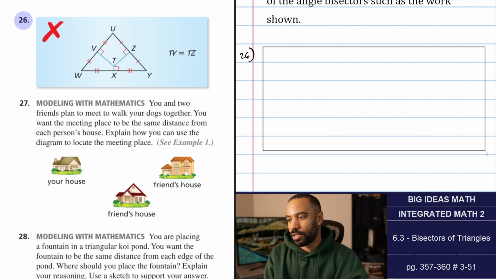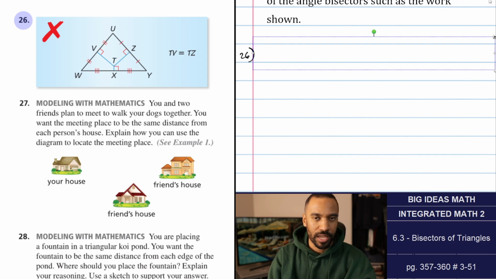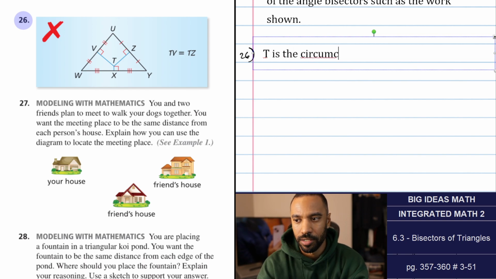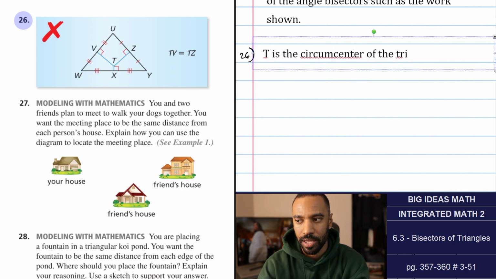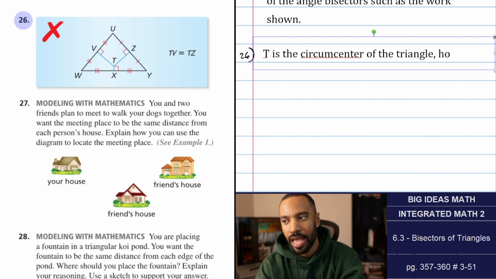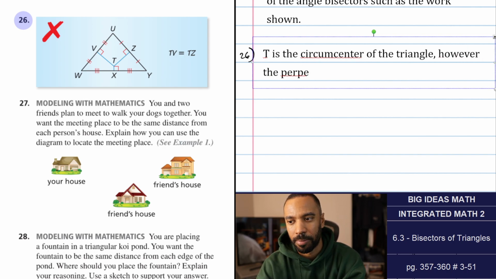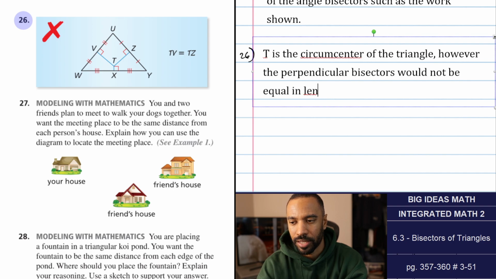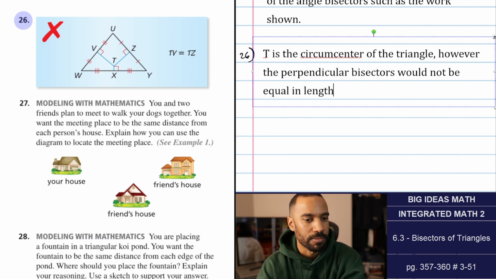Like the last one, they said in-center, this one's circumcenter. T is the circumcenter of the triangle. That's how you spell it. T is the circumcenter of the triangle. However, the perpendicular bisectors would not be equal in length, at least not in this case.